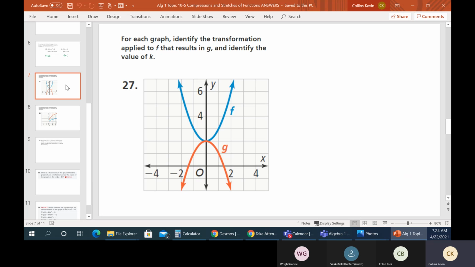Remember that if you just tack a number onto a function, it moves you up and down. And if you put a number in with the x value, like in a parentheses, underneath a square root sign, or inside an absolute value sign, then that moves you left and right, but it does the opposite of what you think.